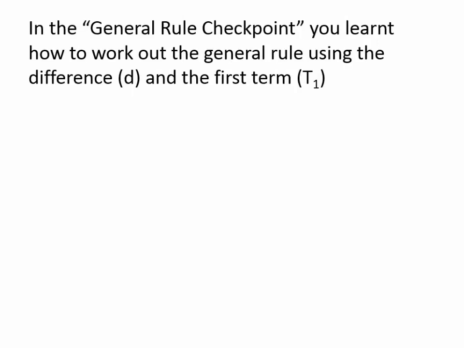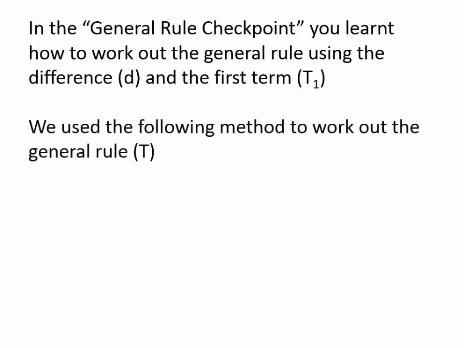In the general rule checkpoint, you learned how to work out the general rule using the difference d and the first term t1. We used the following method to work out the general rule. T equals dn plus something, and that something was t1 minus d.